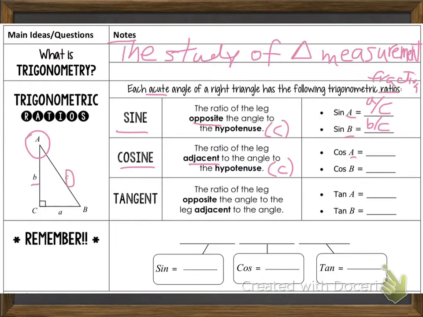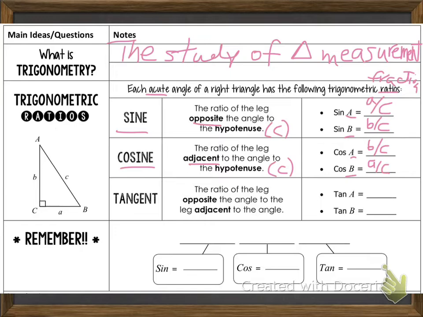Because remember, C is hypotenuse. So for cosine of A, we would put B over C. So now, if we're talking about cosine of B, so angle B right here, the one next to it would be the lowercase a. So we would put cosine B is equal to A over C.